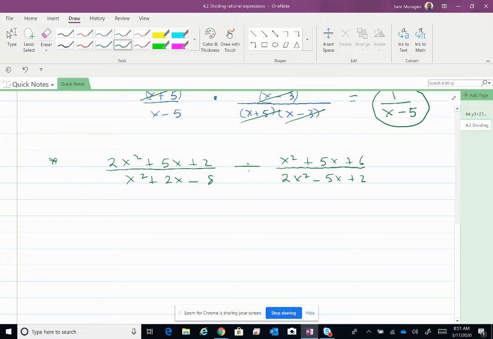So once again, we're going to follow the process of the KFC rule. We're going to keep the numerator, flip the denominator over, and change the sign. So let's go ahead and do that.